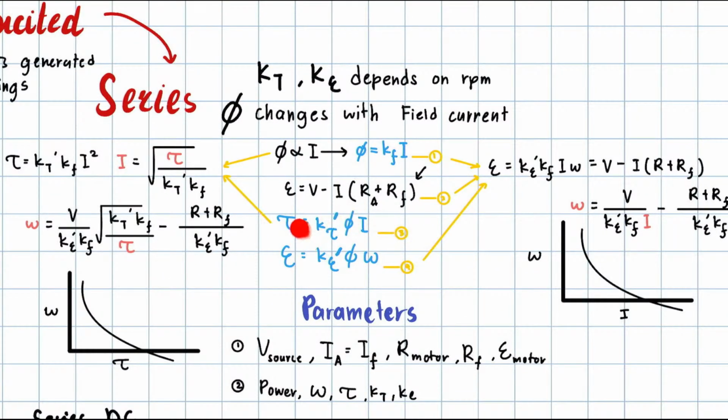So torque constant times phi times I, E constant, what? EMF constant times phi times omega. Okay.